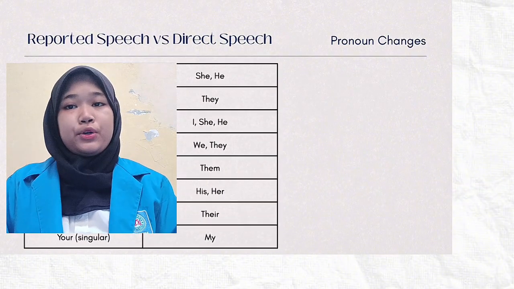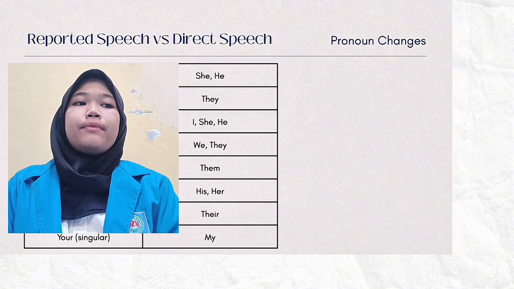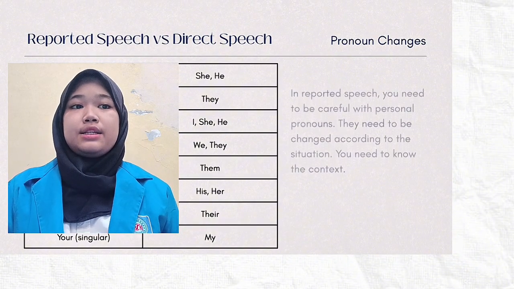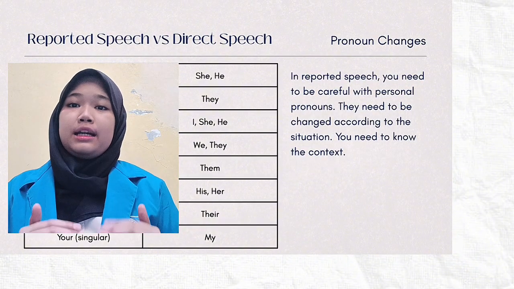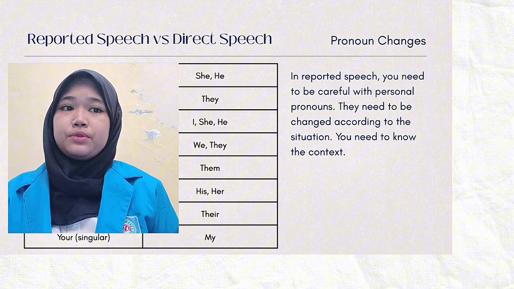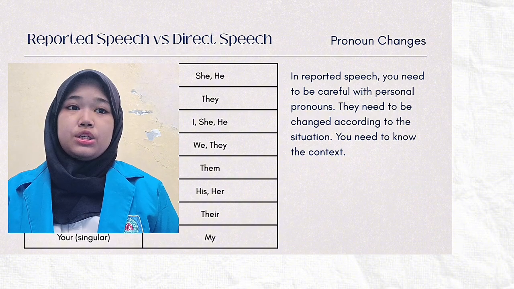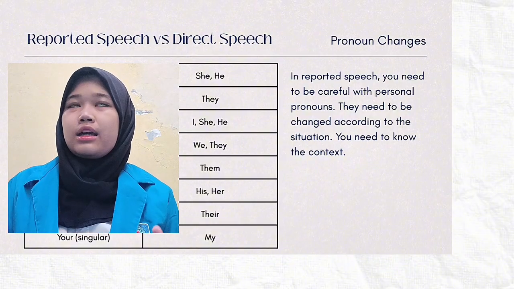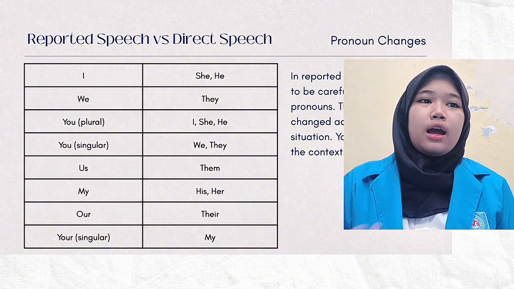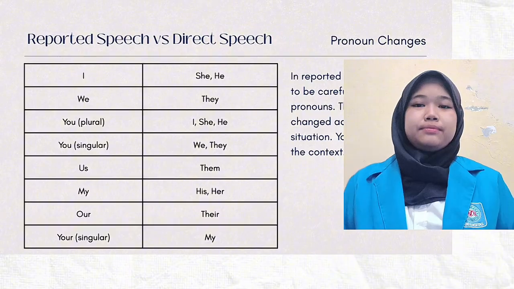And here are the pronoun changes in reported speech and direct speech. In reported speech, you need to be careful with personal pronouns. They need to be changed according to the situation, and you need to know the exact context of what you want to say.